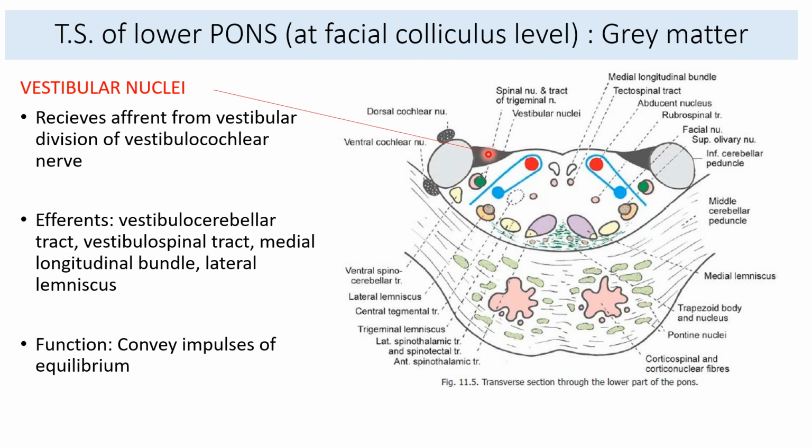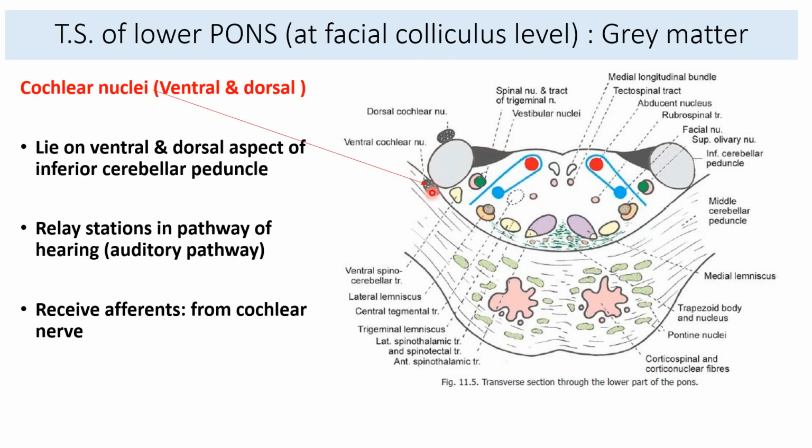So the efferents will go to the vestibulocerebellar tract, vestibulospinal tract, medial longitudinal bundle, lateral lemniscus, to carry the impulses of equilibrium. Remember, the vestibular nuclei has a role in the maintenance of equilibrium. So this is the vestibular nuclei that you have to draw just lateral to the facial colliculus area.